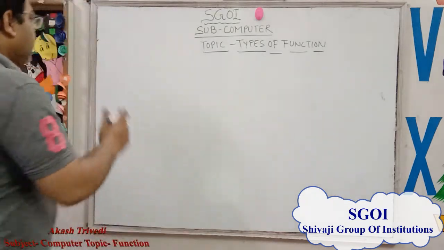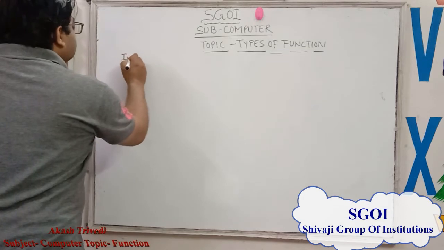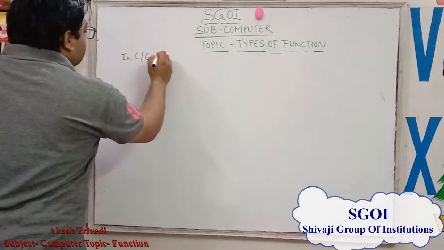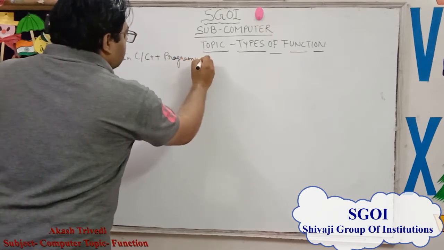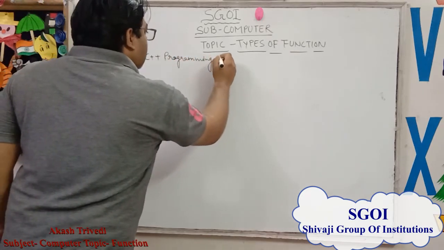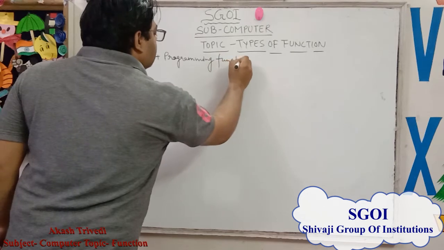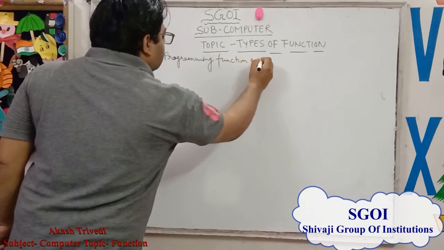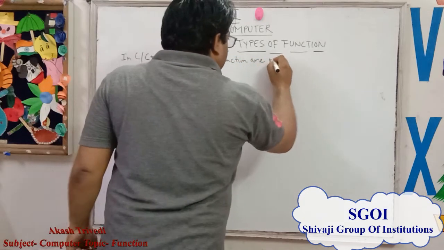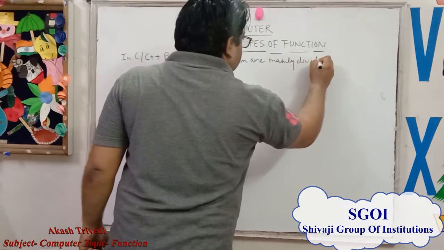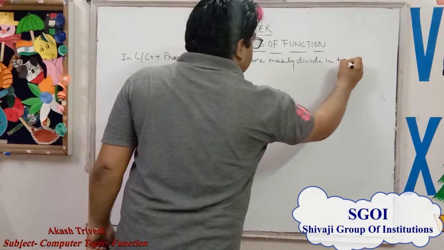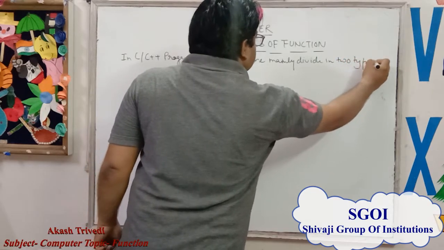In C and C++ programming, functions are mainly divided into two types.